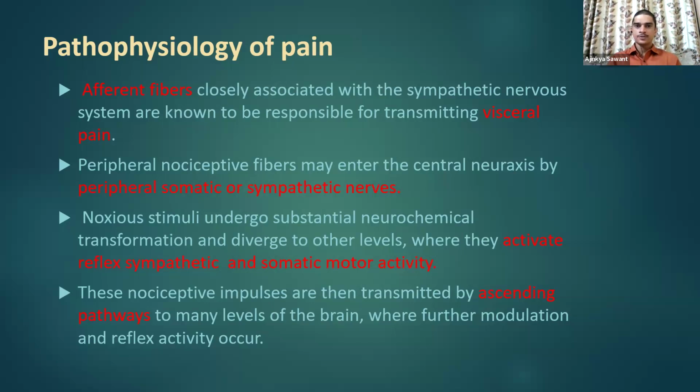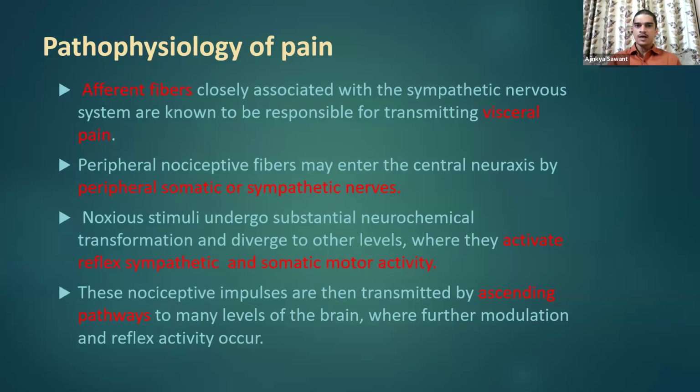Noxious stimulus undergoes substantial neurochemical transformation and diverges to levels where they activate reflex sympathetic and somatomotor activities. Noxious stimulus is substance P in the area of the surgery; swelling and inflammatory signs can be a noxious stimulus, which forms a neurochemical transformation, which diverges to many other levels and activates reflex sympathetic and somatic motor activity.